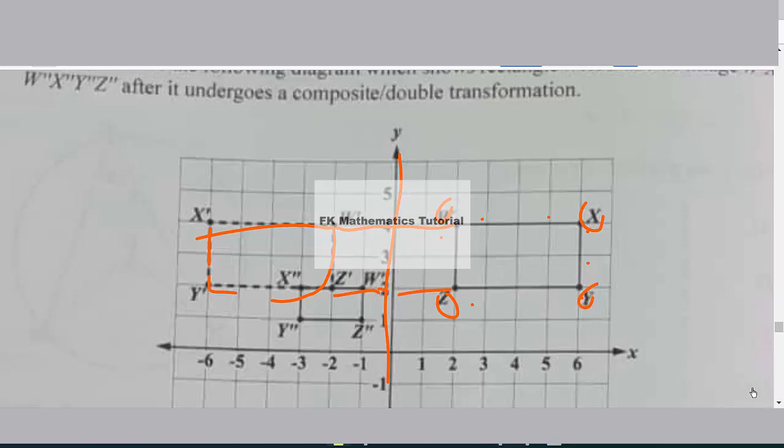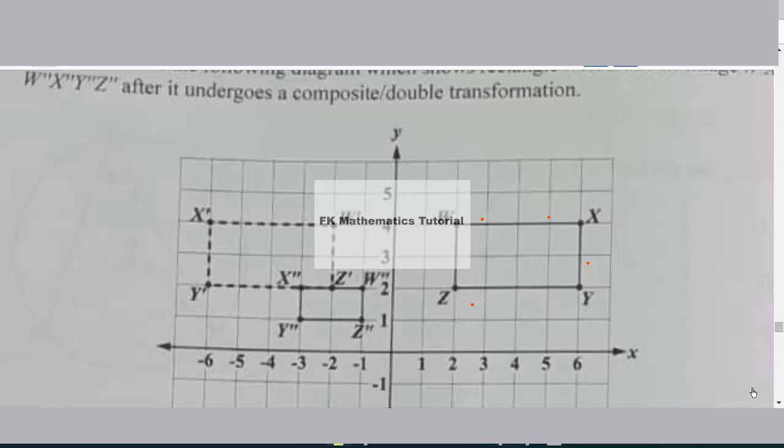Now if we enlarge this by a scale factor of half about the origin, then this should give us this.